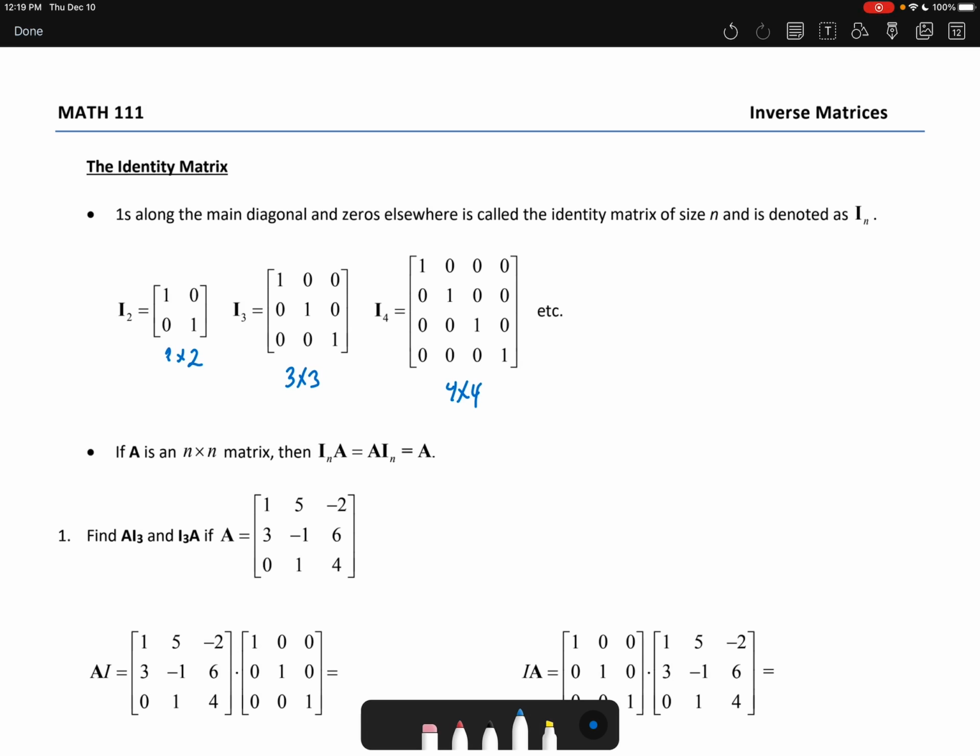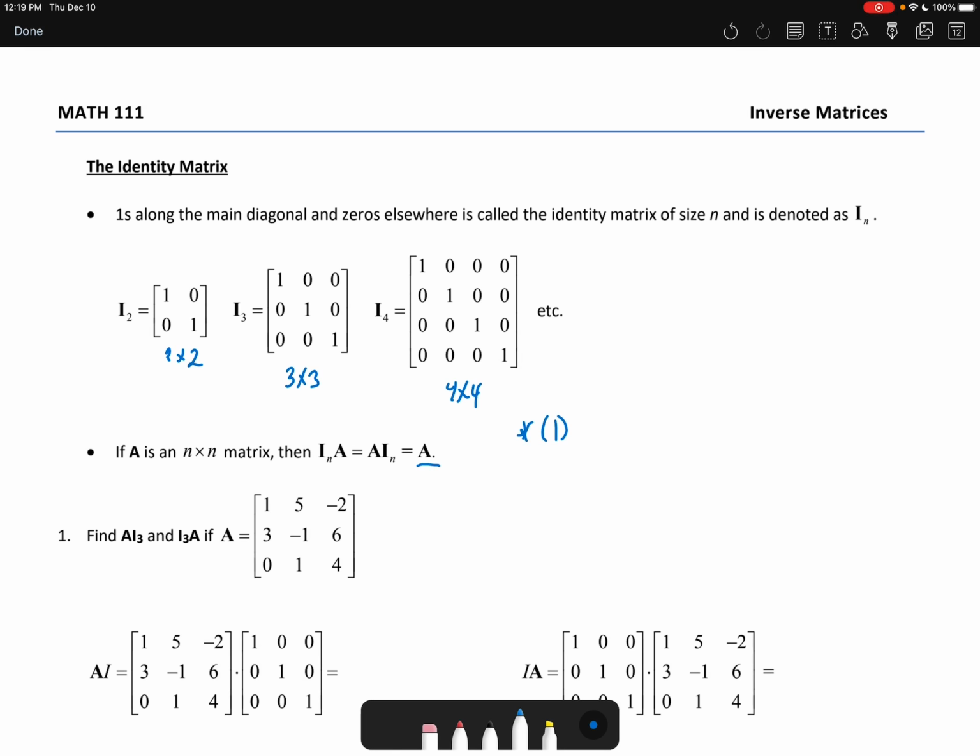You can in rare instances, but it's not a rule that has to work that way. But if you have an identity matrix, it is commutative, meaning I can multiply on either side that I want. And not only that, but when we do that, we get back something specific, which is the original matrix.